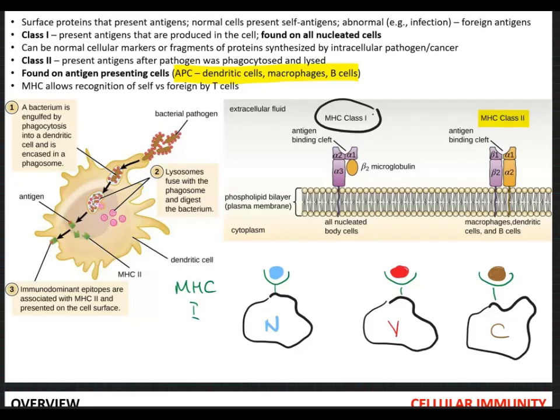Because if one of you will receive my kidney, for your immune system, let's say this is my kidney here, and this is somebody else's kidney, also normal, but their cells carry different peptides.